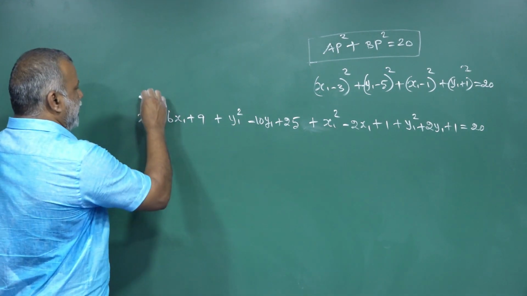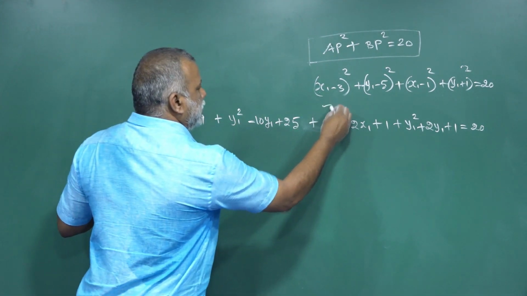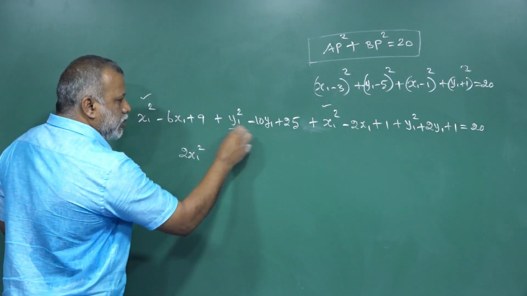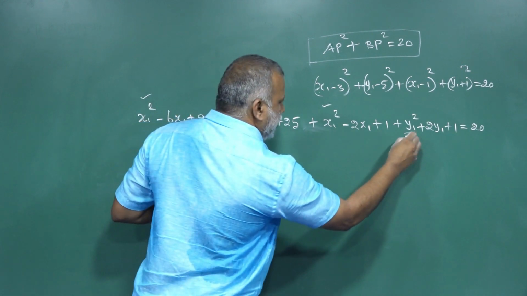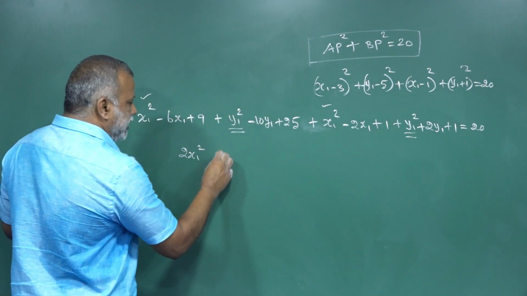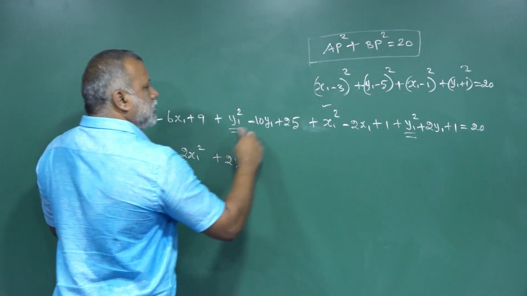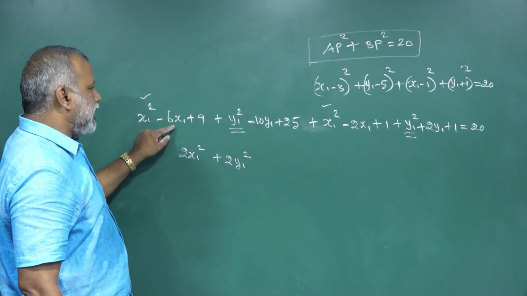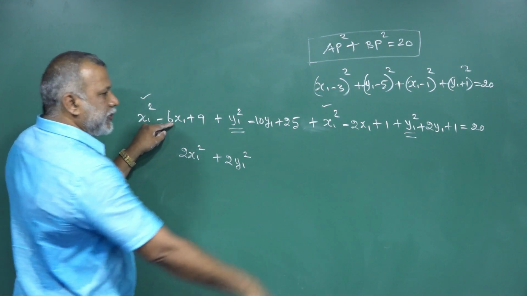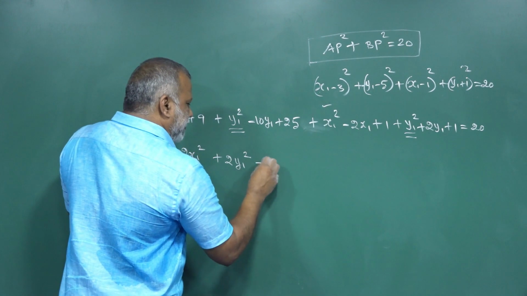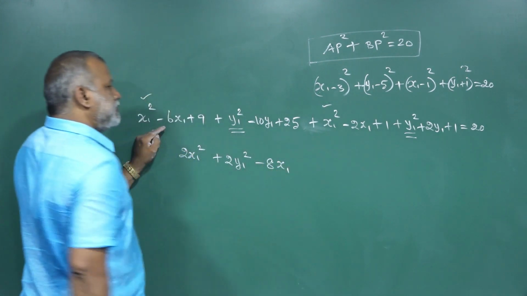Now see here, 1 x1 squared and here another 1 x1 squared, adding we get 2x1 squared. Here 1 y1 squared and here also 1 y1 squared, adding we get 2y1 squared. See here 6x1 negative, and here one more x1 term, both are negative, it becomes minus 8x1.